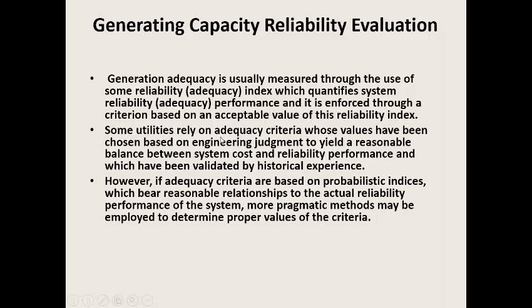Now, some utilities may rely on adequacy criteria whose value has been chosen based on some engineering judgment. As you will see, these kinds of criteria are called deterministic. However, if you use probabilistic indices, then you will see that you are able to incorporate more factors which contribute to the uncertainty.